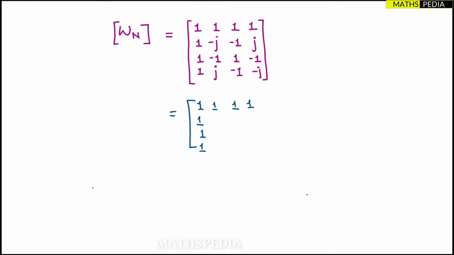Next, here we have the 3 cross 3 matrix. If you observe carefully, start with minus j; the opposite of that will be j. Here you make it j, and the opposite of that will be minus j. Next, here it will be minus 1 minus 1 minus 1. The center portion will be 1 plus 1. So this is the way I learned the WN matrix, the twiddle factor for the 4-point DFT.